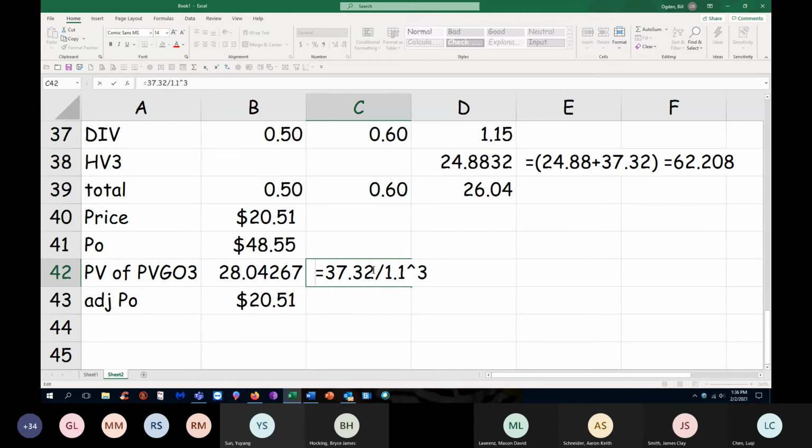Growth has gone to zero. So this 48.55 number assumed a growth of 8% after year 3. Well, that growth is now zero. And so therefore I have to take out the PVGO from my horizon value. Or what else I can do is just simply directly take the 37.32, that's 3 years from now, so I'll make it a present value, and take it right out of the price, and I get exactly the same 20.51 that I had once I made this adjustment.